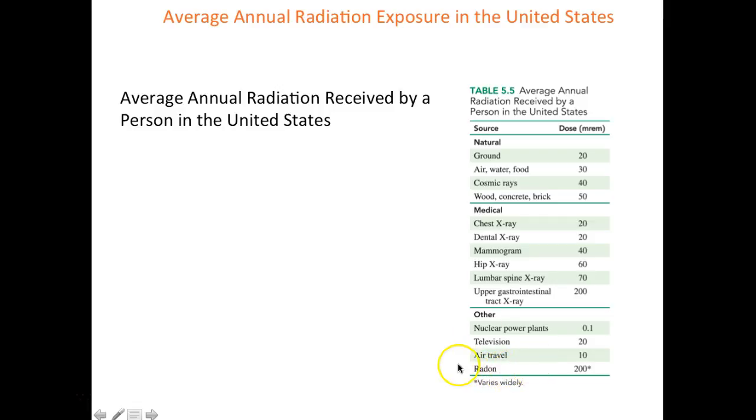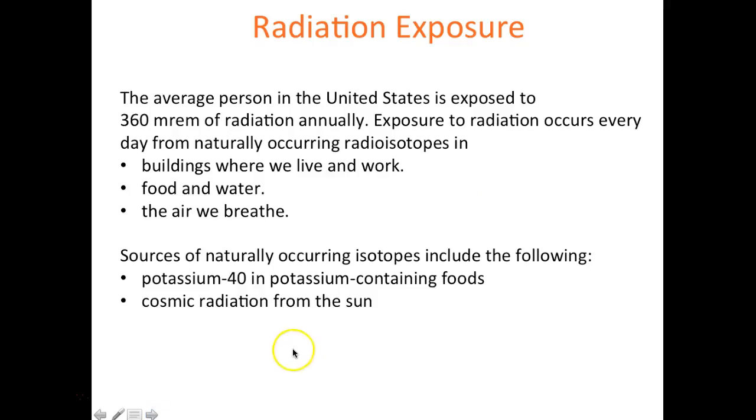All right. So the average person is exposed to about 360 millirem annually. All right. So it's from buildings where we're living, or water, food, air, pollution. More polluted countries have higher levels of background radiation.